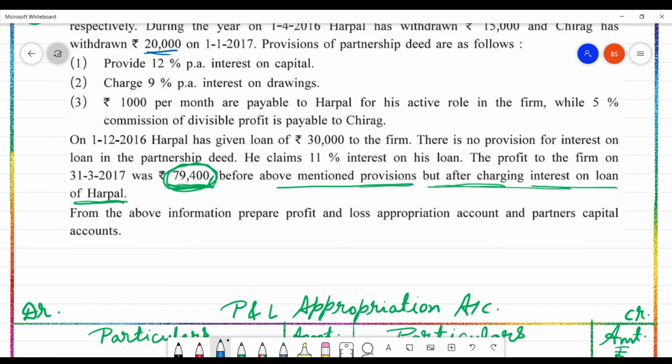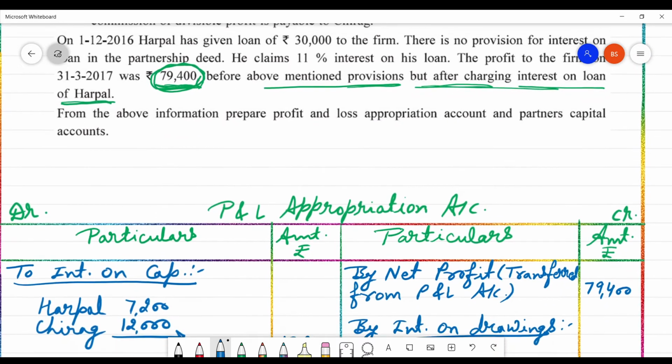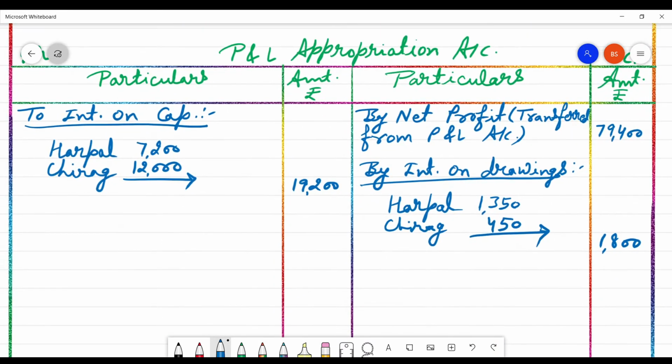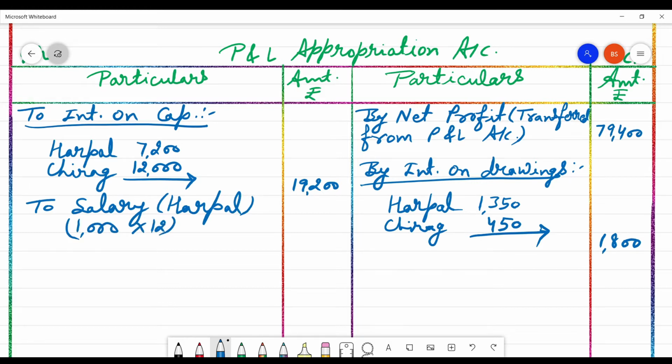Then read the third adjustment: rupees 1,000 per month are payable to Harpal for his active role in the firm, while 5% commission of divisible profit is payable to Chirag. Then salary to Harpal: 1,000 per month means annually 12,000.